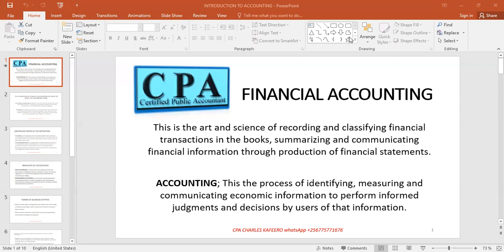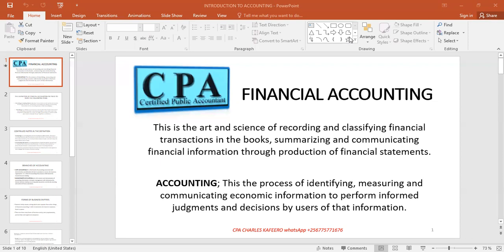By measuring the information, it's like we are touching the value, because financial statements are presented in monetary terms. So by measuring, we put the cost, we put everything together so that we can get the value.